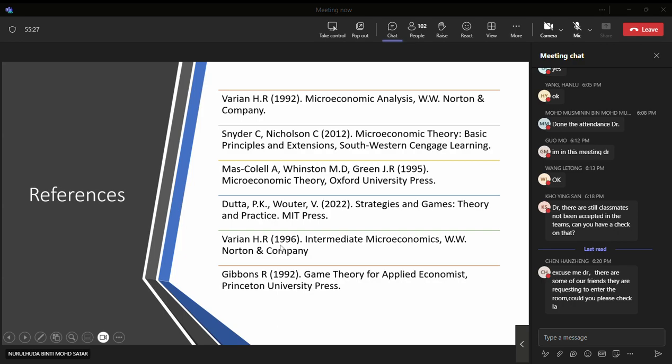Sometimes the way they explain in their book will be different, so if you have multiple books and look at multiple resources, then it might help you in understanding it better. Then we have, of course, Luther, Strategies and Games, and also Gibbons. These are all related to the game theory topics that we're going to see, right?